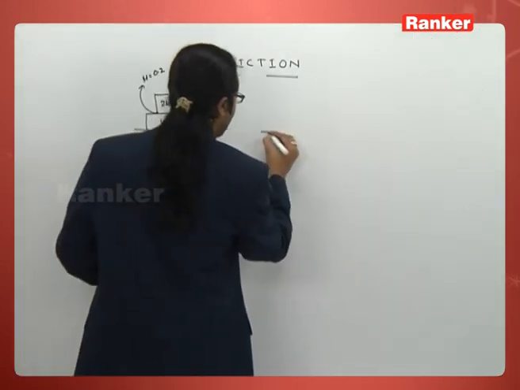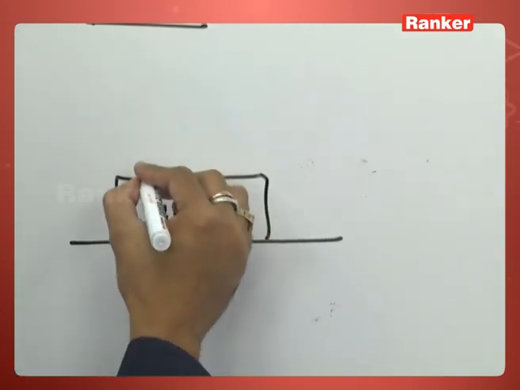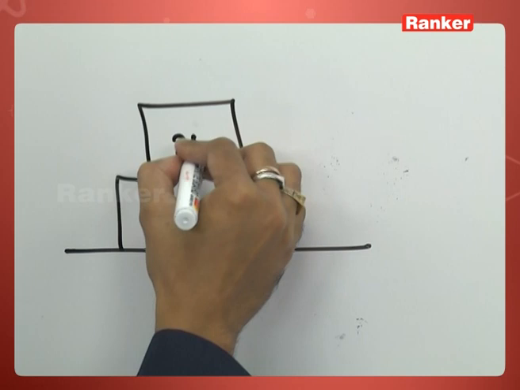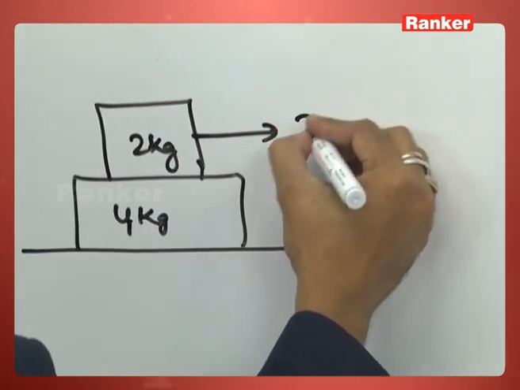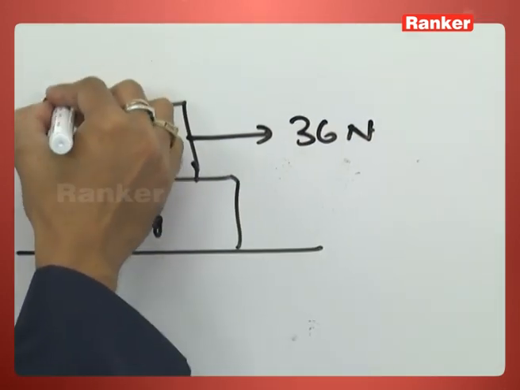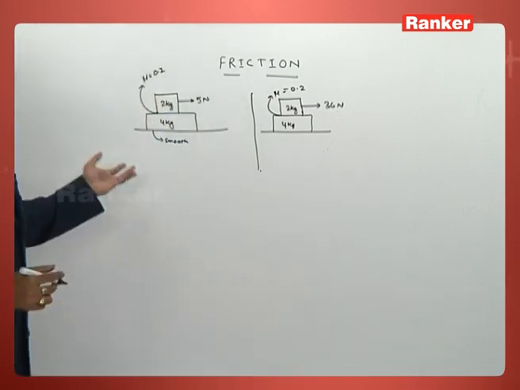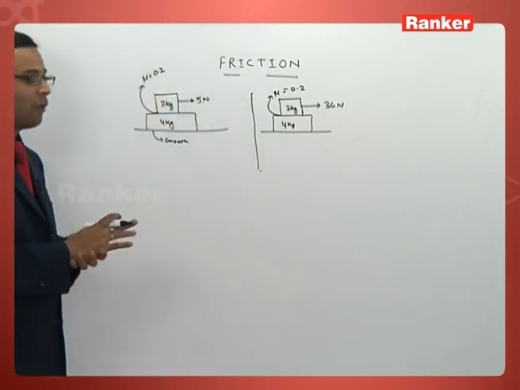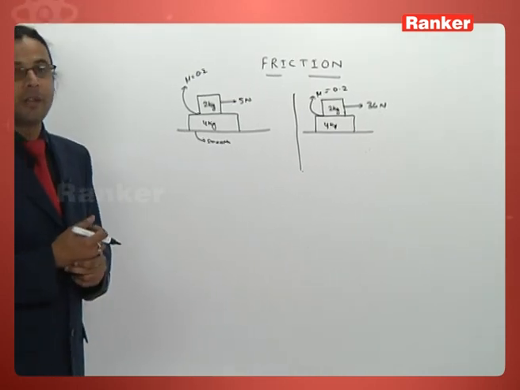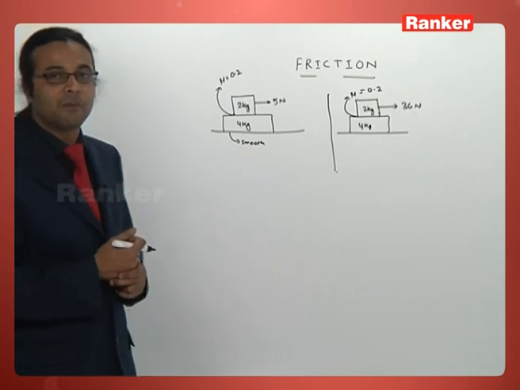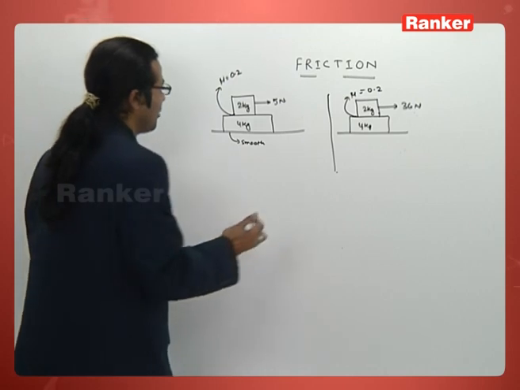The same question I give again with the same 4 kg and 2 kg, but with 36 Newton, and mu is 0.2. Now what is the frictional force, how do we find the direction of frictional force, whether they are moving together as one body, when they will have maximum static frictional force, and when they will have a self-adjusting frictional force? Let us discuss it.